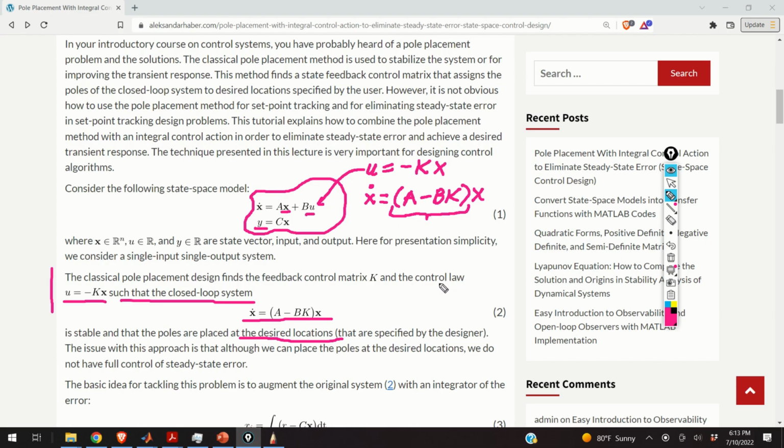That is, we are ensuring that the system is stable and that the poles are placed at desired locations. These desired poles are going to ensure that the transient response of the system meets the design specifications.